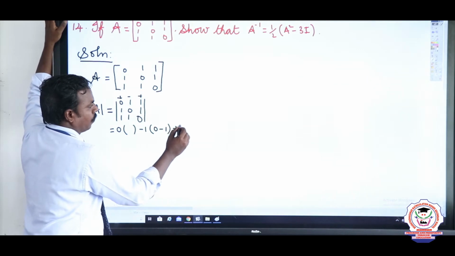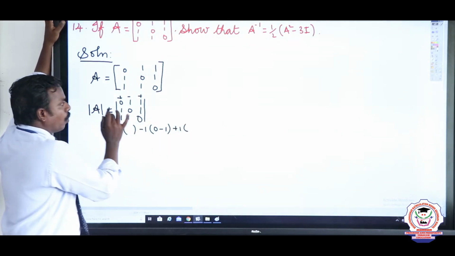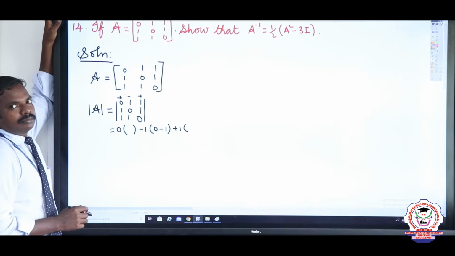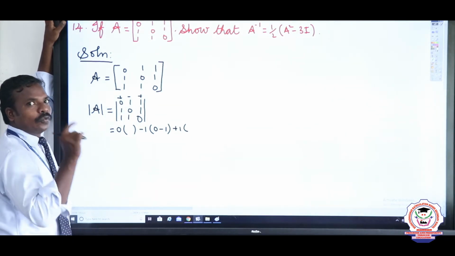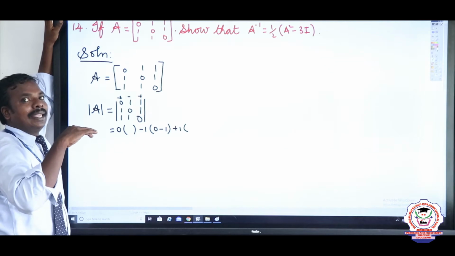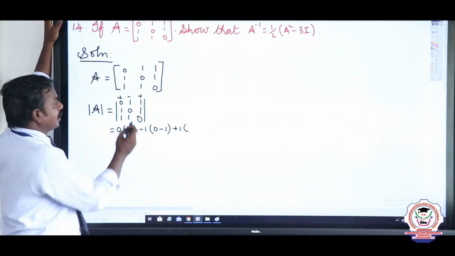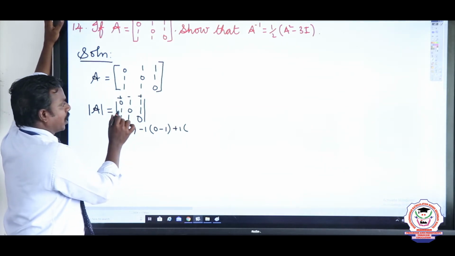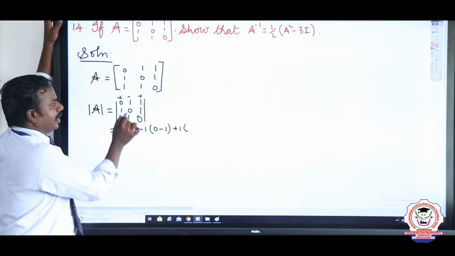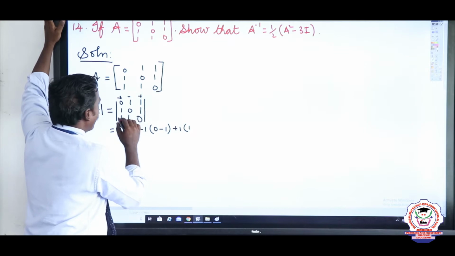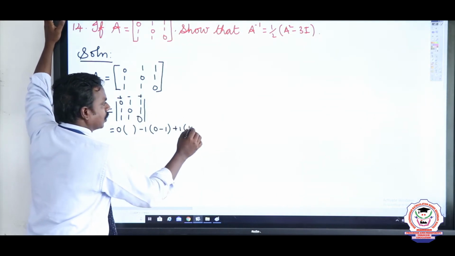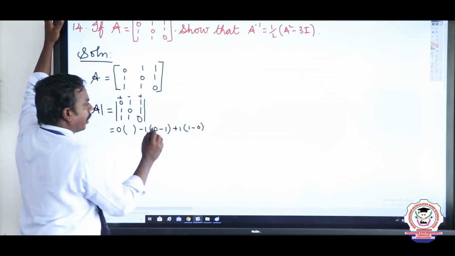Omit the first row and last column, because the position of that 1 is A13. The remaining elements are 1, 0, 1, 1. So 1 into 1 is 1, minus 1 into 0, which is 0. So 1 minus 0.